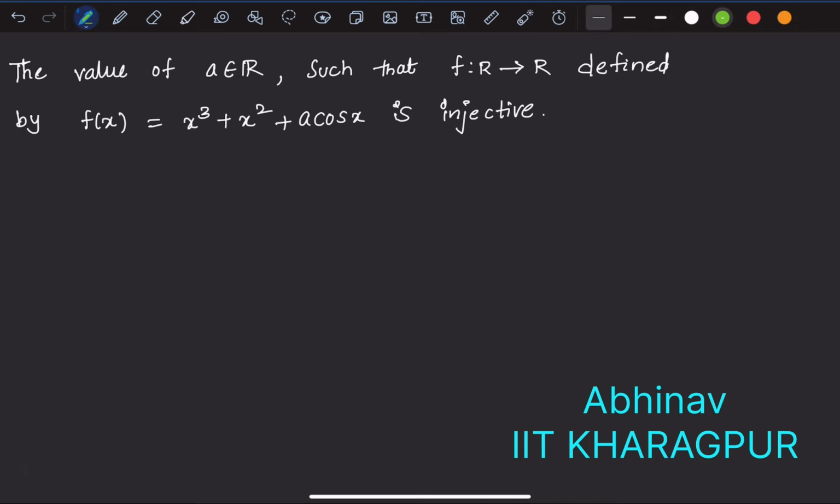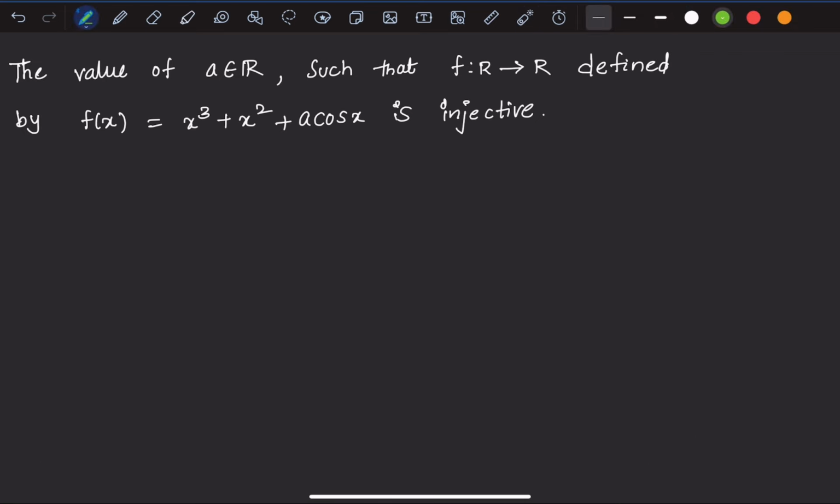Before we go through the solution, let us say you have a function and you can draw the graph of the function. From the graph you can perform the horizontal test and conclude whether that function is an injective function or not. So to conclude whether a function is injective or not, you have to draw the graph of the function.